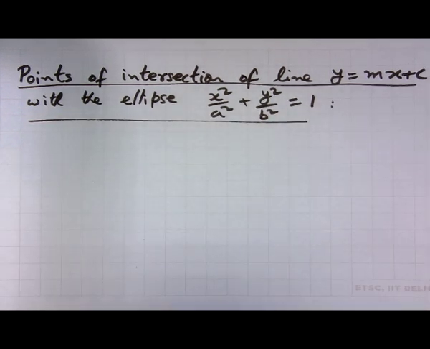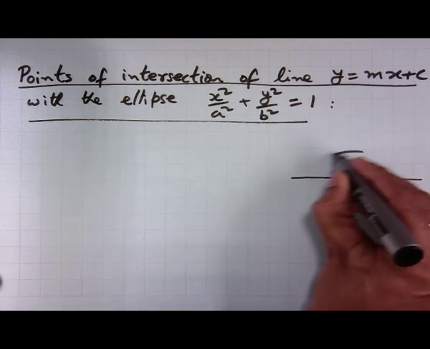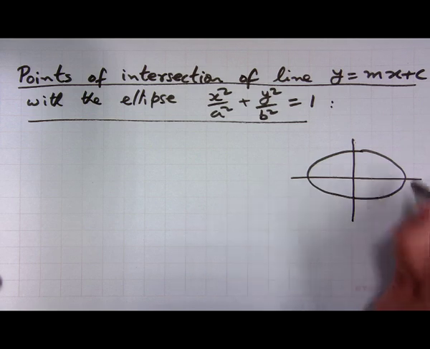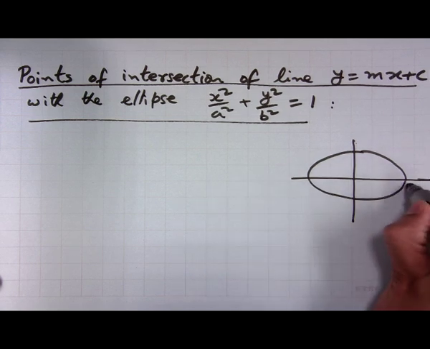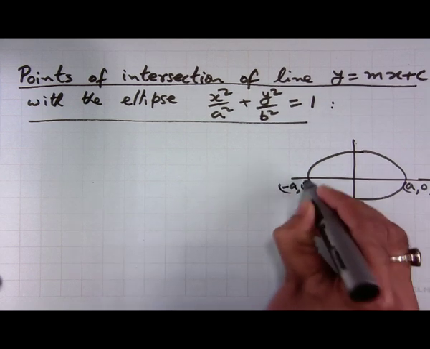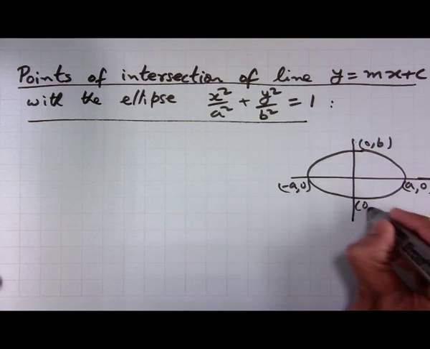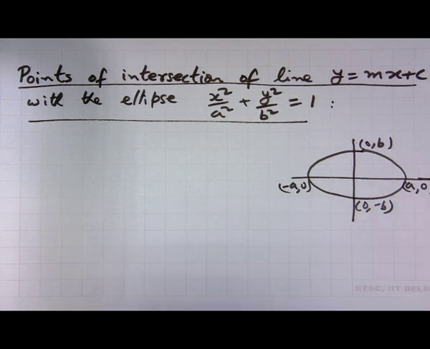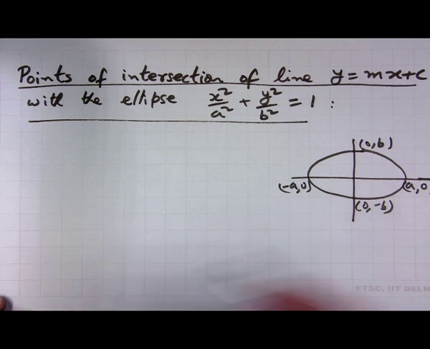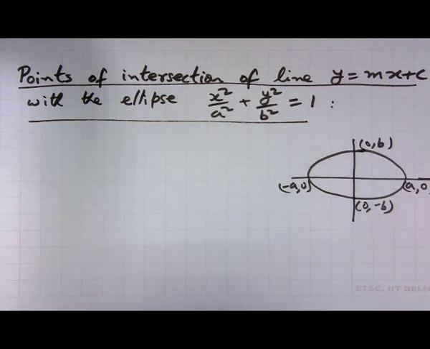So, we have this ellipse, with points a 0, minus a 0, 0 b and 0 minus b, and we have some line y equal to m x plus c. As you can see from the picture, there are three possibilities.